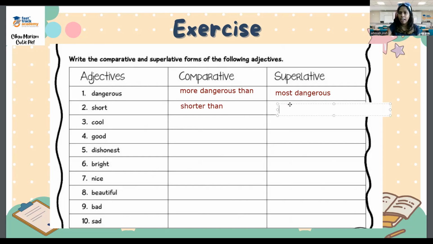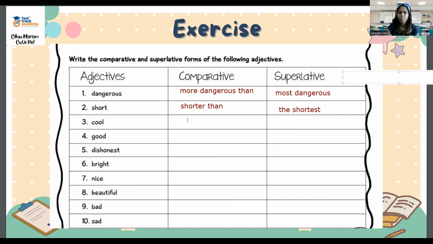Let's say Eileen is the shortest in the class. Okay, so you add the word the. Shortest. Okay. Here also you have to add the word most: you say the most dangerous.